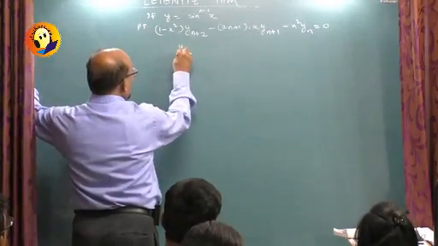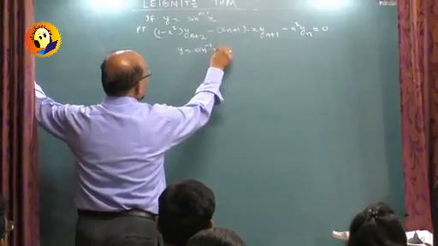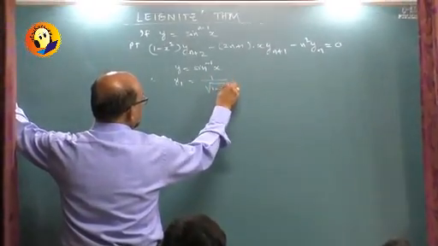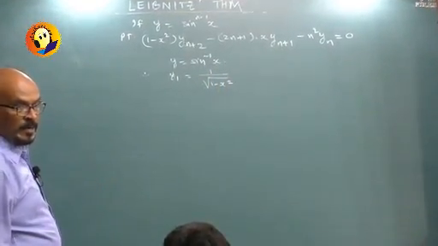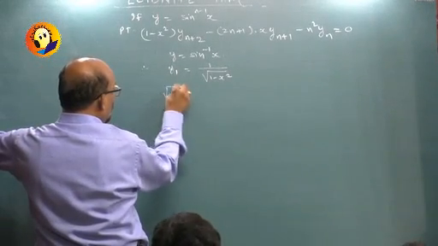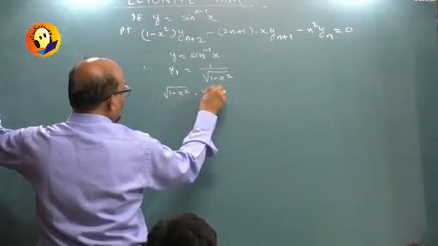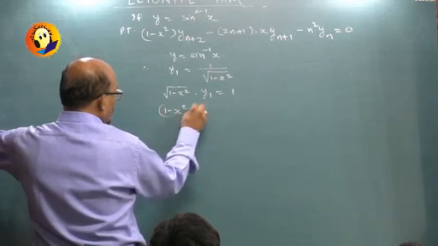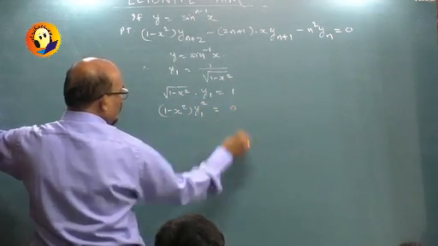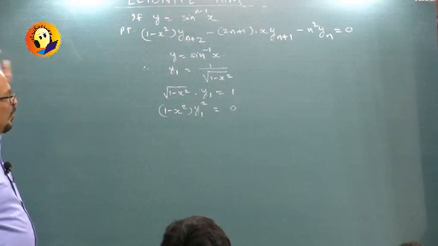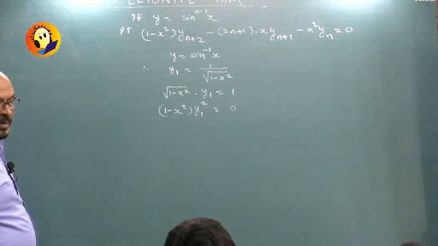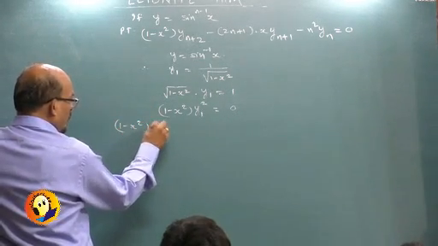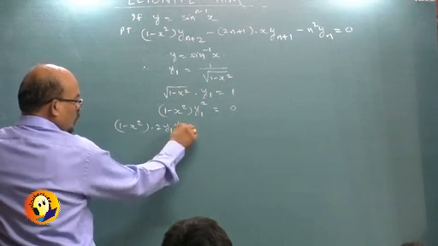That is what we started on the very first day. So we start with y equal to sin inverse x, and therefore y1 comes out to be 1 upon root of (1 minus x square). So I can write it as root of (1 minus x square) into y1 is equal to 1. I can square it: (1 minus x square) y1 square is equal to 1. I don't want that root, because when I differentiate it once again, it will be (1 minus x square) into 2 y1 y2. Do you agree?